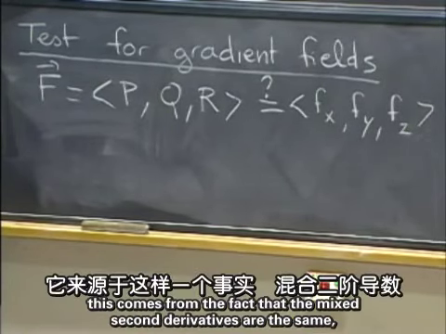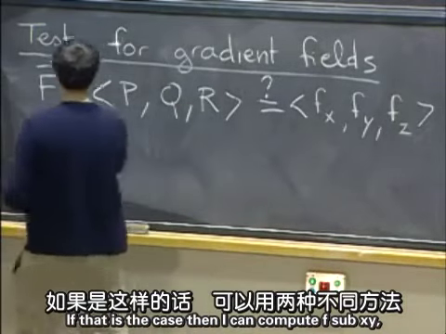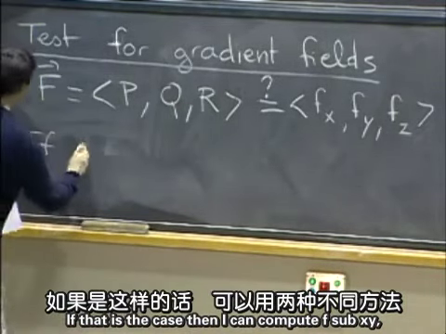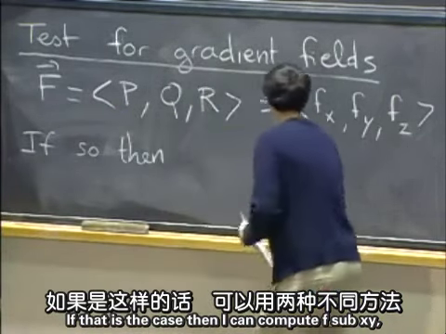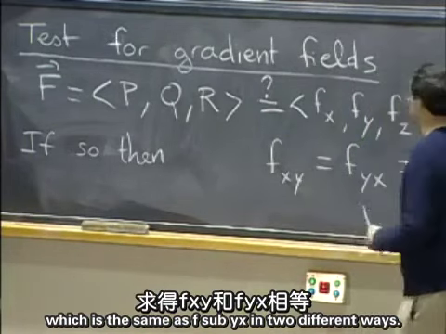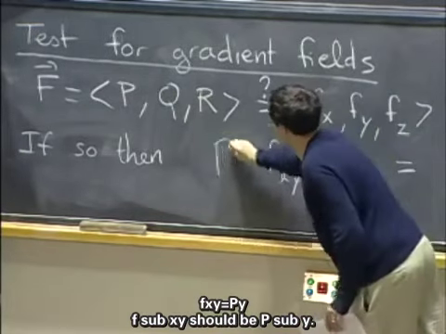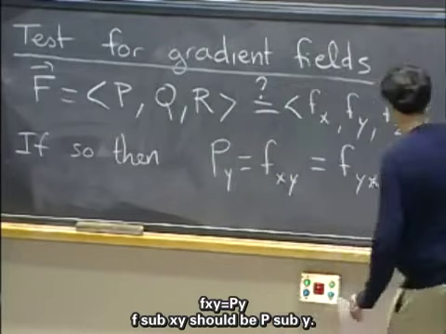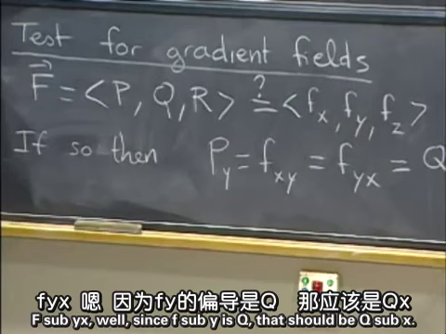As before, this comes from the fact that the mixed second derivatives are the same no matter in which order you take them. So if that's the case, then I can compute f sub xy, which is the same as f sub yx, in two different ways. F sub xy should be p sub y. F sub yx, since f sub y is q, should be q sub x.